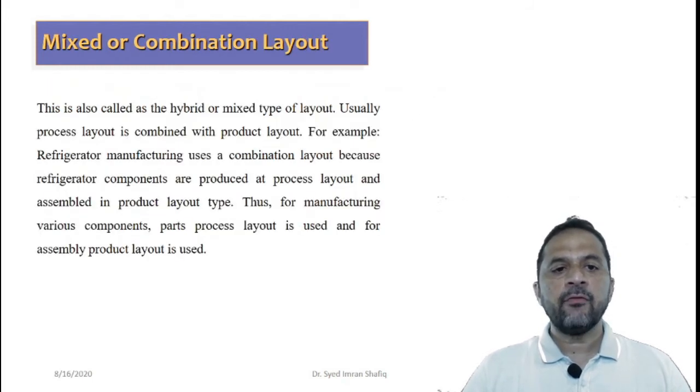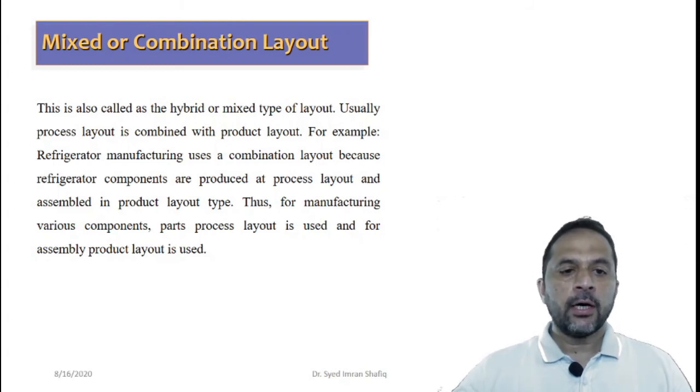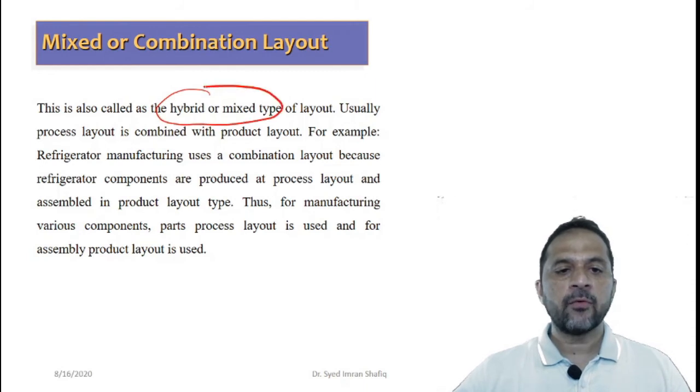There is another kind of layout which is called mixed or combination layout. This is basically a hybrid or mixed type. Any two layouts can be mixed according to the requirement, and a new layout can be generated. Usually it is process layout and product layout.